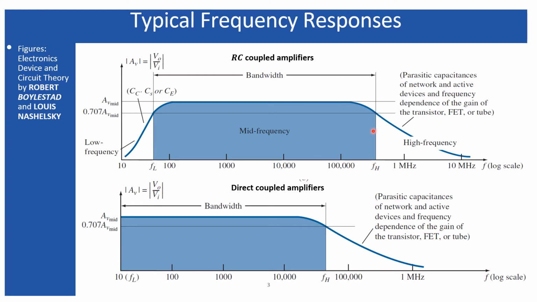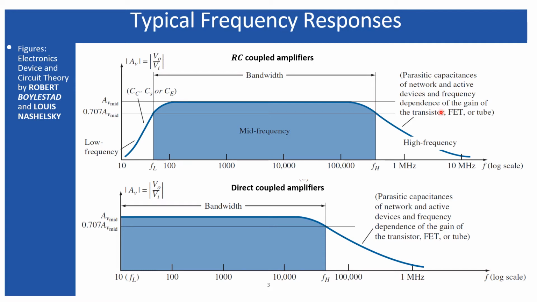Now the higher cutoff frequency is appearing due to the internal capacitors. Those are basically the parasitic capacitors, which appear due to the junctions, that means the collector to base junction, collector to emitter junction, and emitter to base junction. In addition to these parasitic capacitors, the network capacitors may influence the cutoff frequency.